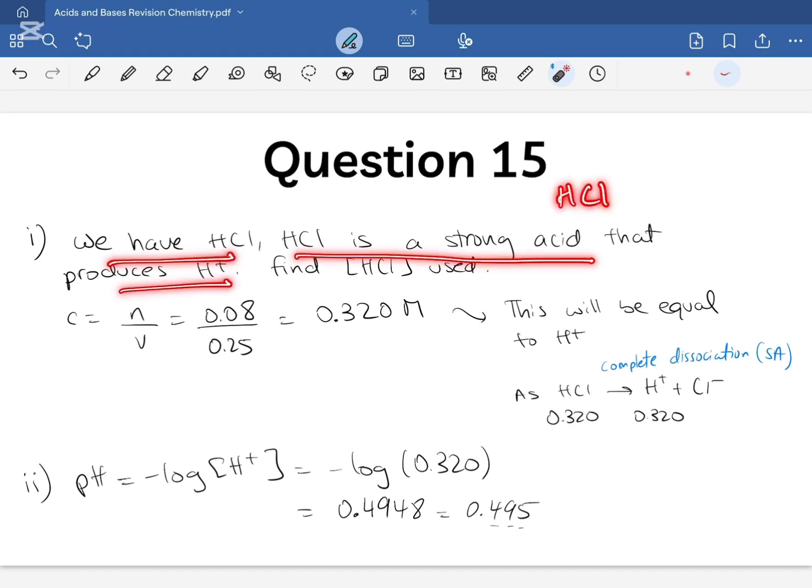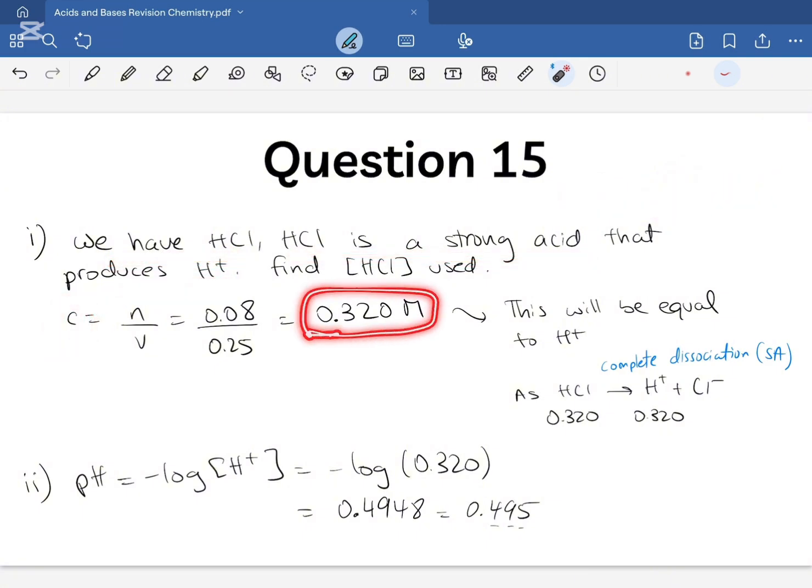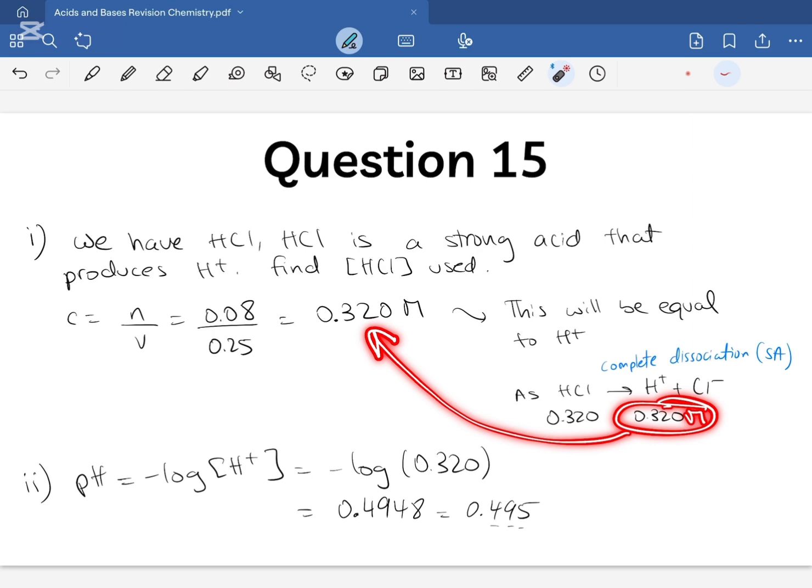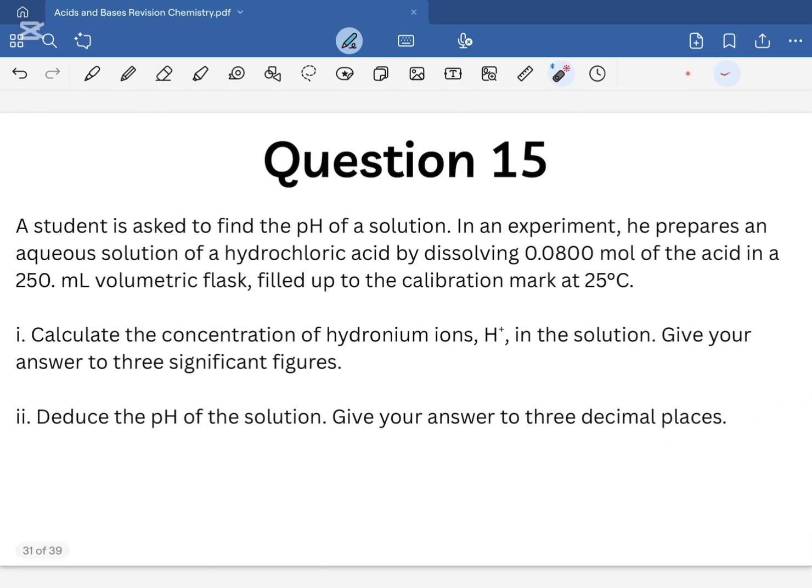It will dissociate completely to give the H plus ions. So let's find the concentration. It is 0.320 m, dividing n over the volume, which is 0.25. So this will be equal to the H plus, because HCl dissociates completely, and therefore the concentration of H plus is 0.320 m.